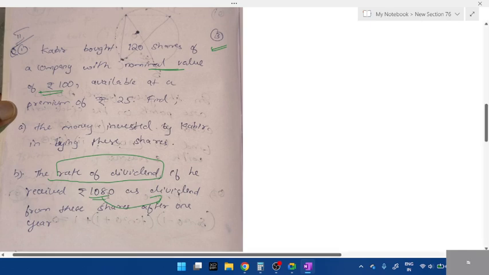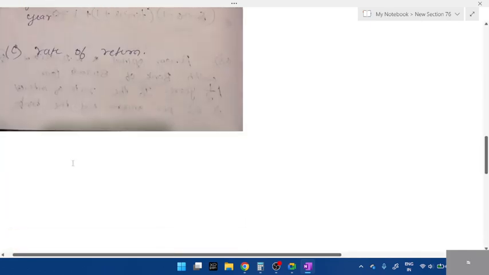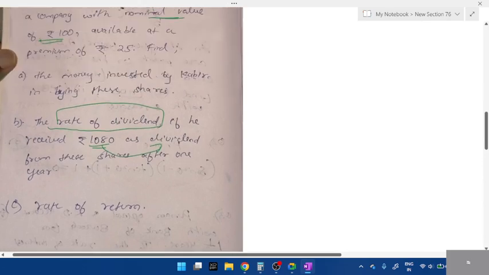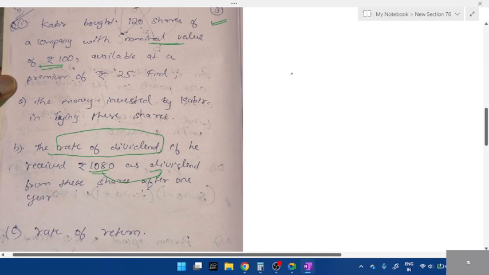Okay, practice the sale proceeds question. And also, okay, there is third part. What is rate of return formula? Okay, dividend is 1080. What is investment? Okay, we need to find investment. What is investment? Number of shares into.